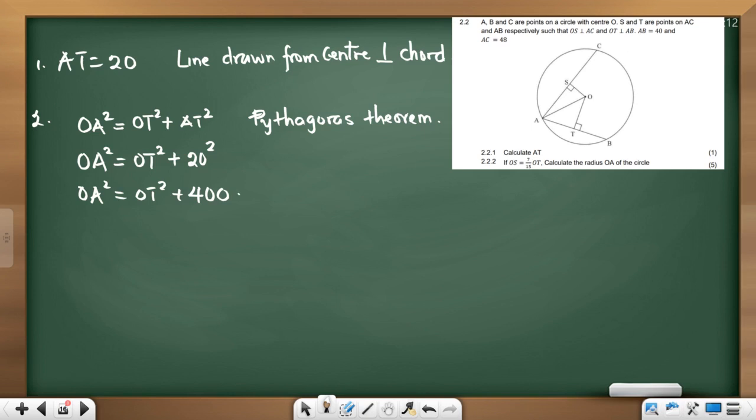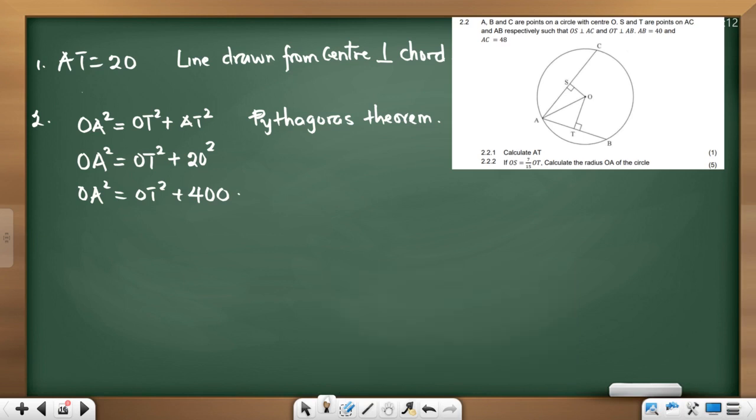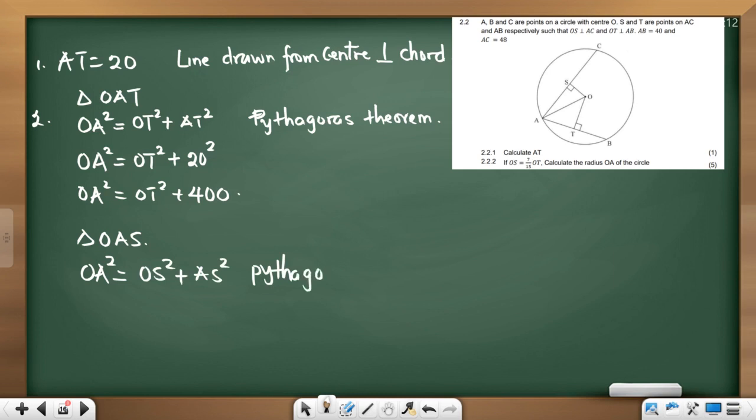Let's go check the second triangle. OA is also in triangle OAS, and this is in triangle OAT. So OA squared as well is equal to OS squared plus AS squared. Same reason, Pythagoras.